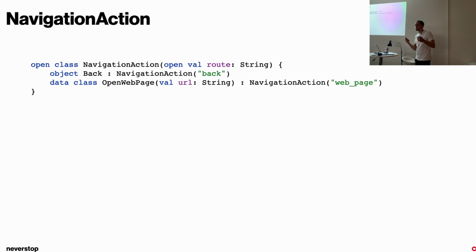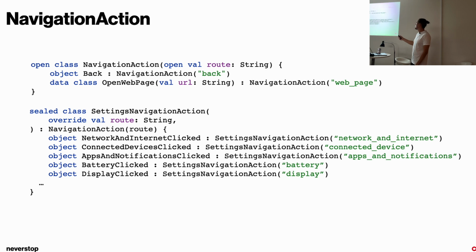Those are some general navigation actions that can be triggered on most of the screens. As you probably know, there's usually the possibility to navigate back either by a press of a button or gesture navigation. And what's good, we can have our screen-specific navigation actions. So in this case, settings navigation actions extends navigation action, and then you put all of those lambdas that we saw earlier.